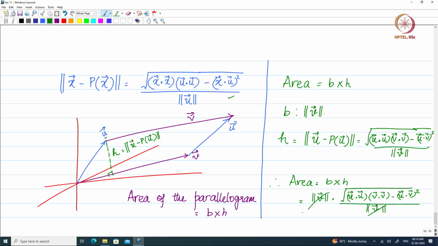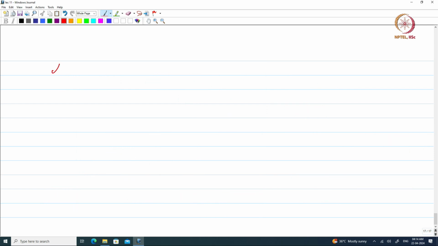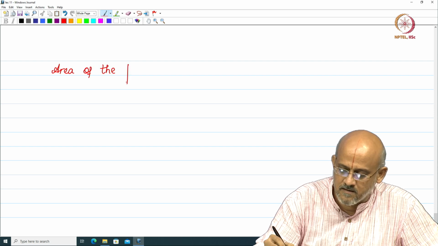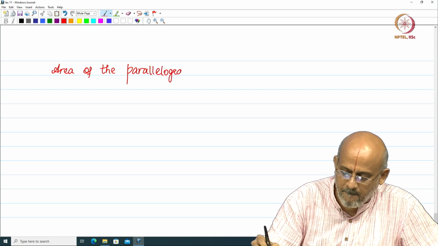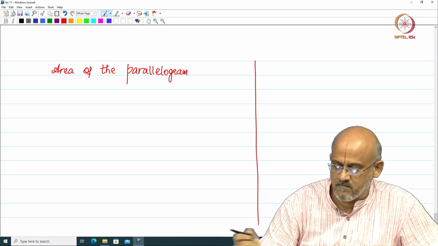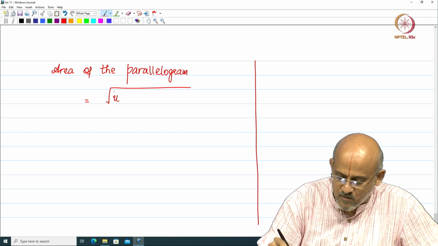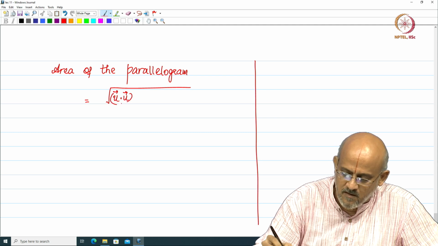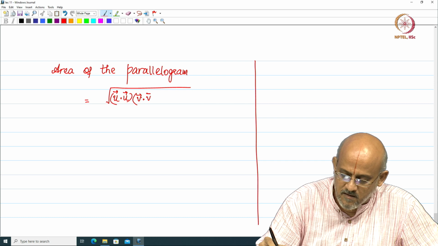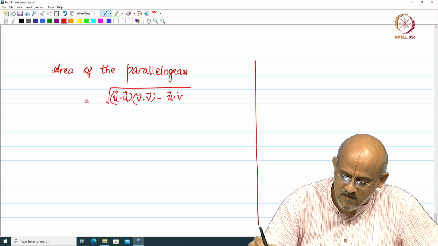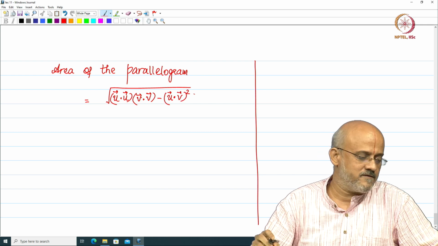These two get knocked off, therefore what we get is that the area of the parallelogram is equal to the square root of u dot u into v dot v minus u dot v the whole square. That is the area of the parallelogram.